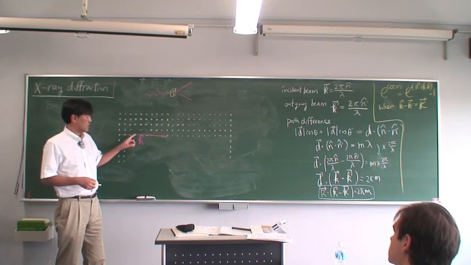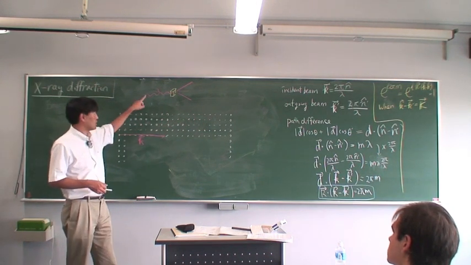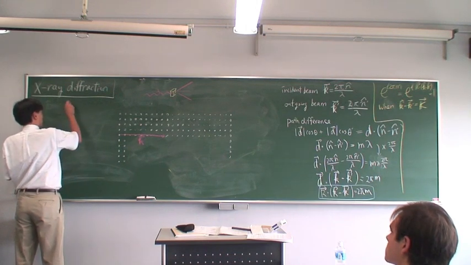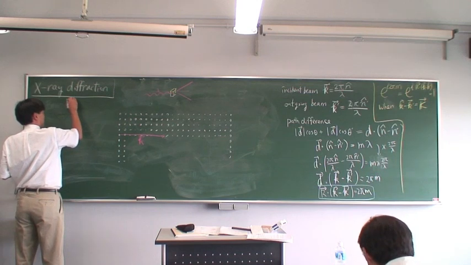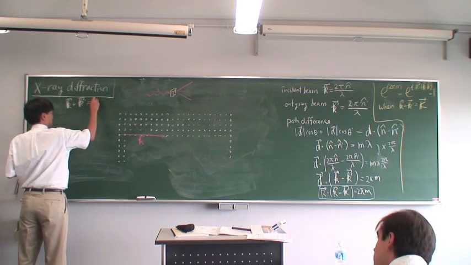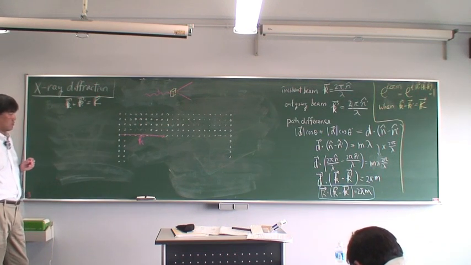The condition is K plus K prime is a reciprocal lattice vector, then light becomes strong.